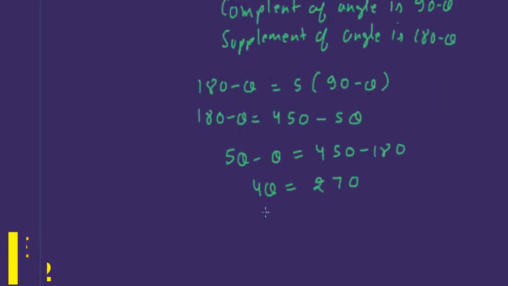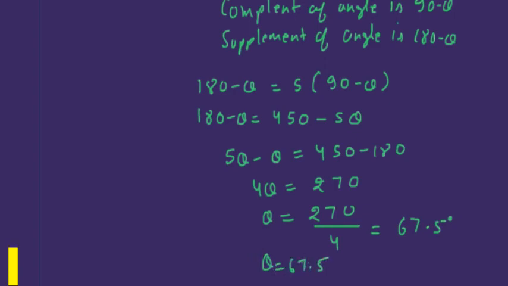Now theta equals 270 divided by 4, which is 67.5 degree. So the required angle is 67.5 degree.